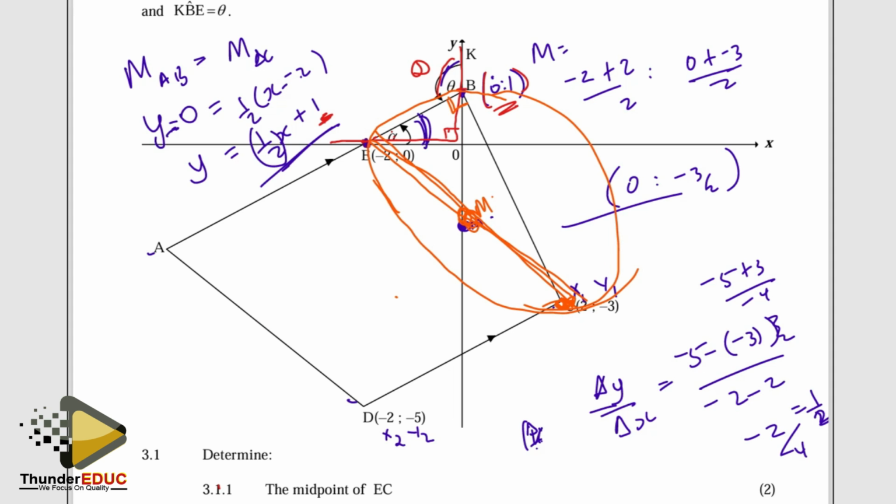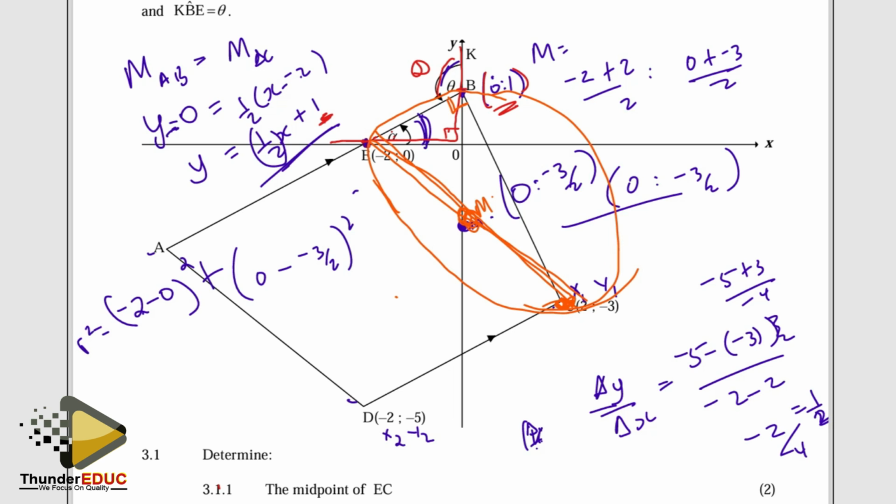So if I try to get the distance from 0, negative 3 over 2, let me use negative 2 minus 0 squared plus 0 minus 3 over 2 squared. That will give me my r squared.